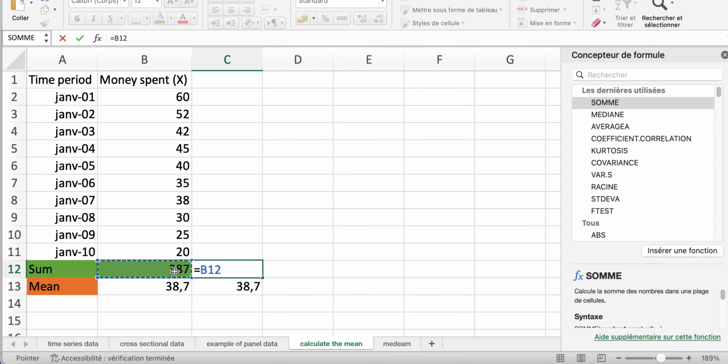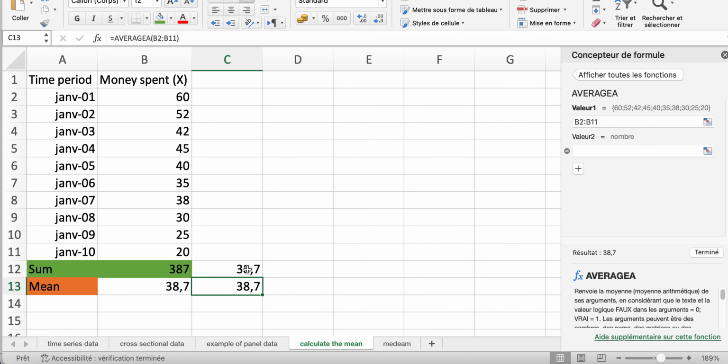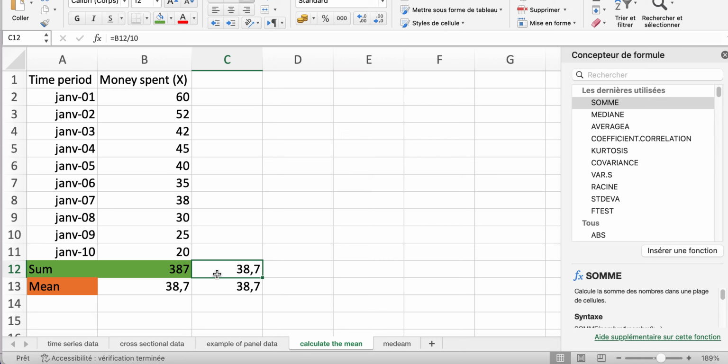We choose the sum of all the values, then divide by 10, then press OK. We have our mean, 38.7. This means that this person spent around $38.7 each day, the average of money spent for this individual.